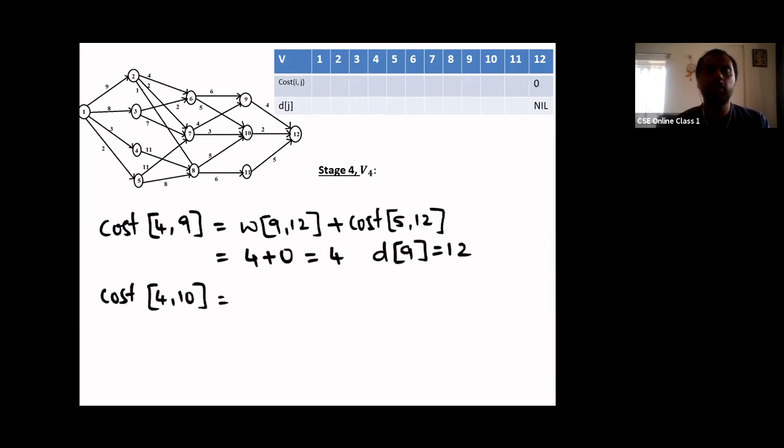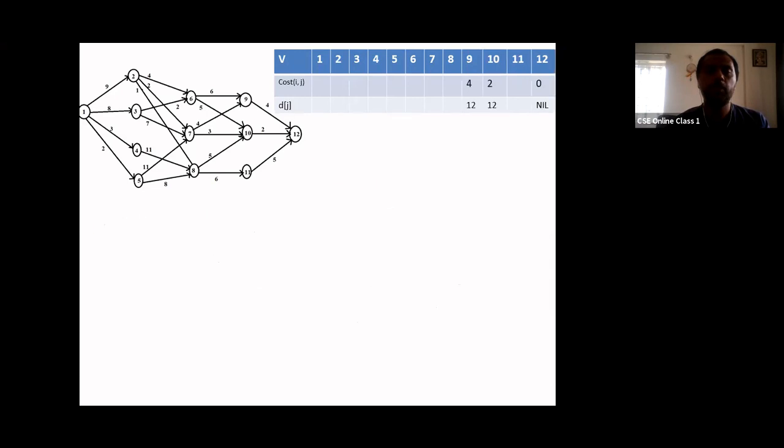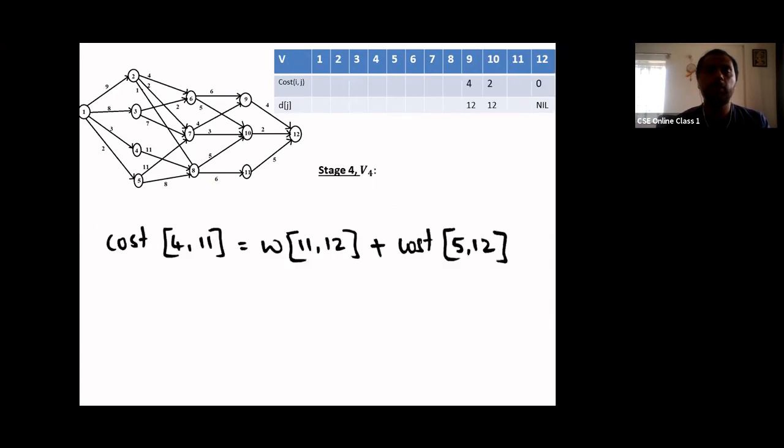Similarly, for the 4th stage vertex 10, the connecting cost from vertex 10 to 12 is 2, and then the shortest path from 12 to the sink. And in the same way, for the other vertex of stage 4, that is 11, the cost of connecting from fourth stage vertex 11 is equal to the connectivity cost from 11 to 12, then the shortest path from 12 to the sink.